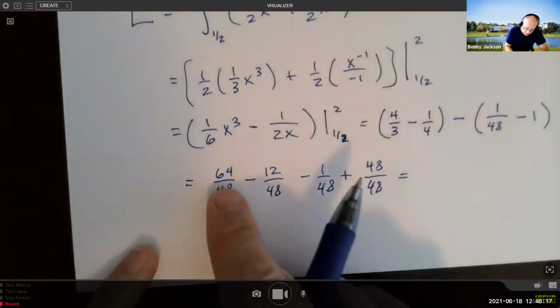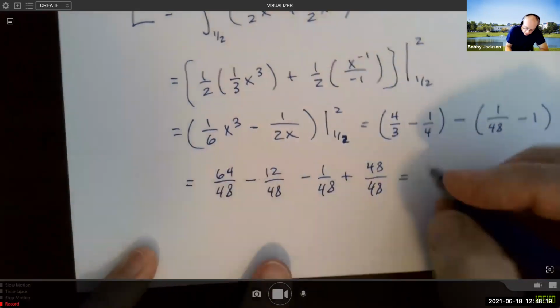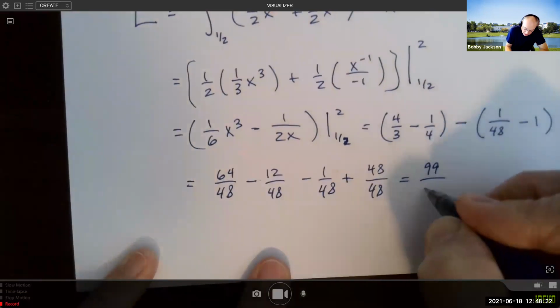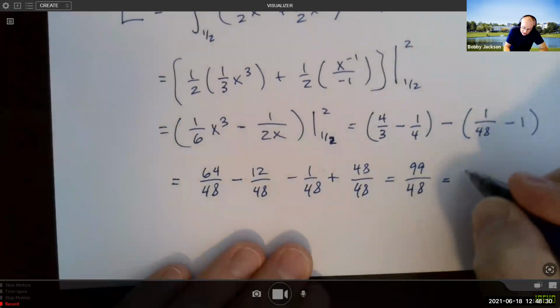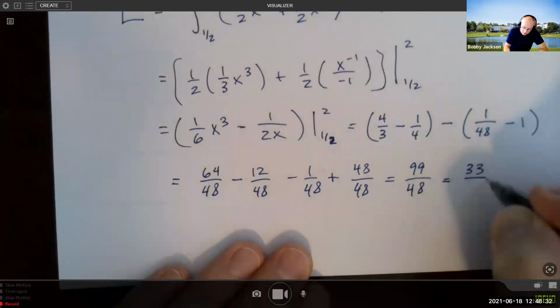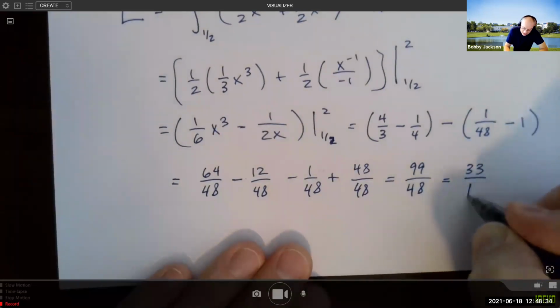And when I do, 64 minus 12 minus 1 plus 48 turns out to be 99 over 48. Well, I can simplify further because 99 and 48 are both divisible by 3. 3 goes into 99 33 times. 3 goes into 48 16 times.